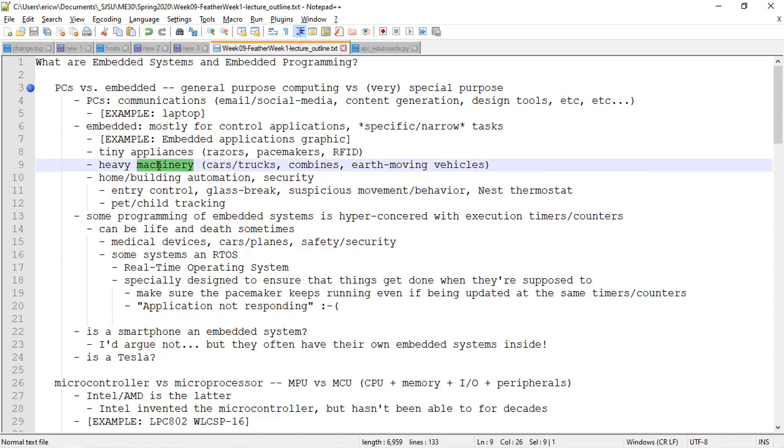So the way in which the programming of embedded systems is different versus what you've been doing is that embedded systems tend to deal with things happening in some kind of random order, and sometimes the timing in which these things happen is important.